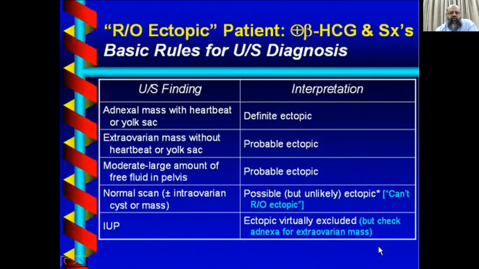Adnexal mass with heartbeat or yolk sac, it is a definite ectopic. Extra-ovarian mass without heartbeat or yolk sac, probable ectopic. Normal scan plus or minus intra-ovarian cyst or mass, possible but unlikely ectopic.